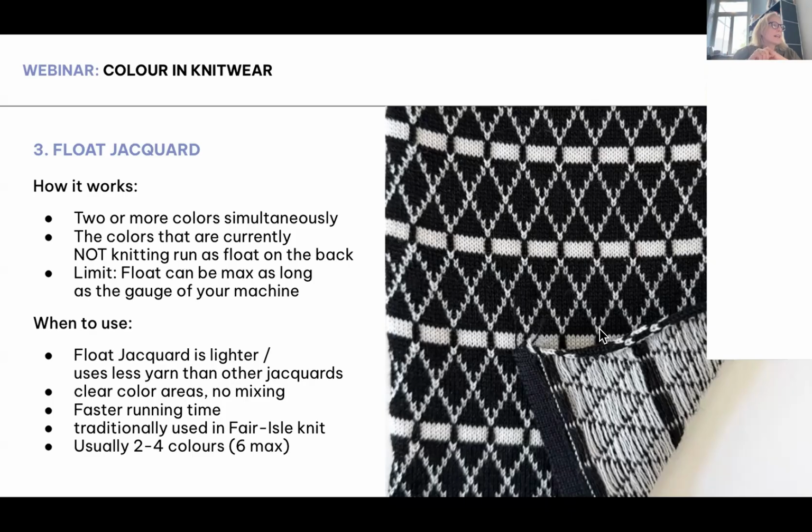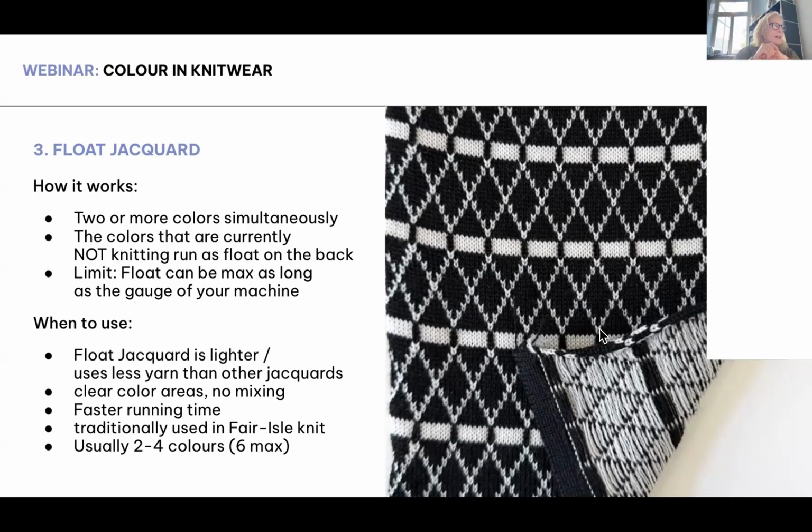You also have clear color areas because the colors are nicely divided, and the other colors which are not used are just played in the back. It runs faster because all the colors which are not used are just left out of the game.